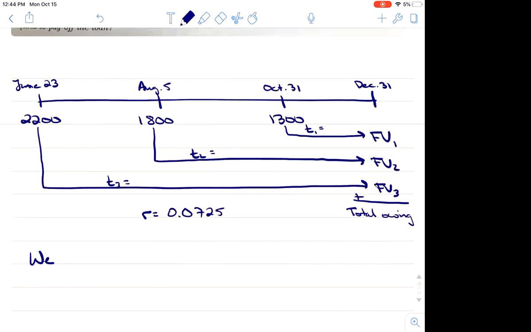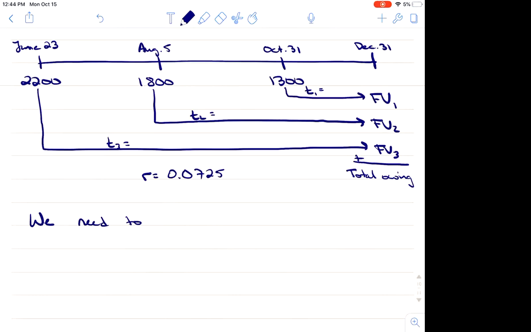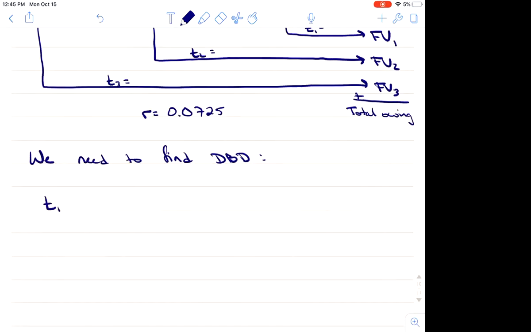Okay. So we need to find days between dates. So for T1, for example, date 1 in the format of month, dot, day, year.